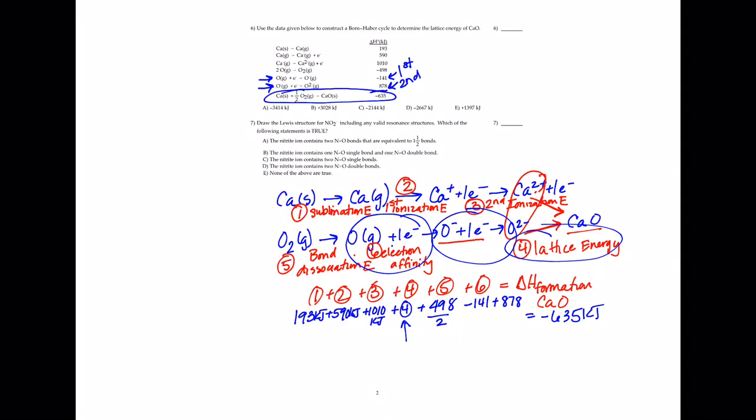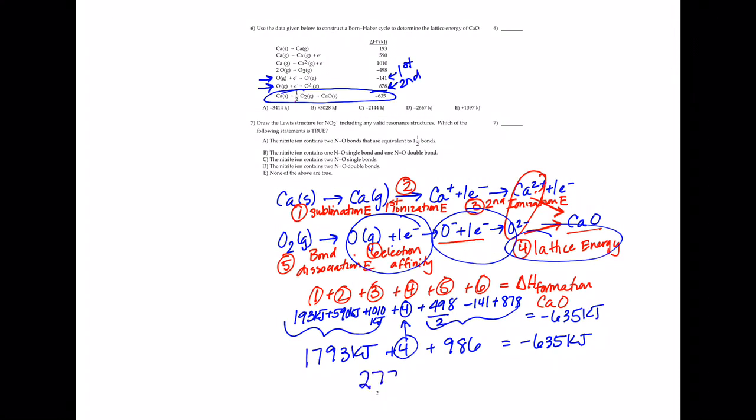Okay, so I added up these and I got 1793 kilojoules. And then I added up all of these and I got 986. Okay. So putting things together, I got 2779 plus number 4 is equal to negative 635.